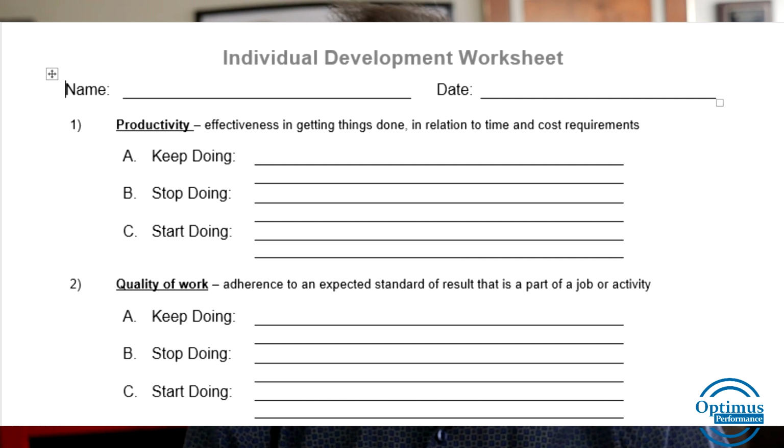So maybe in my case with the organizational skills, I should stop putting too many things on my agenda or on my to-do list and really focus in on some key things, and start setting aside better time, more quality time for the things that are really important. And I've actually already started to do that.